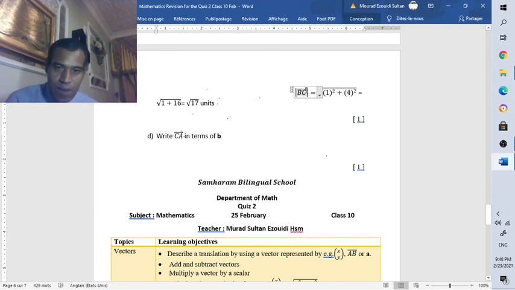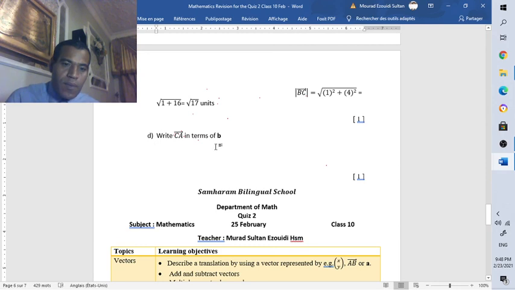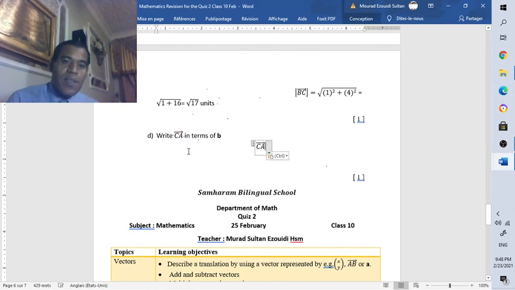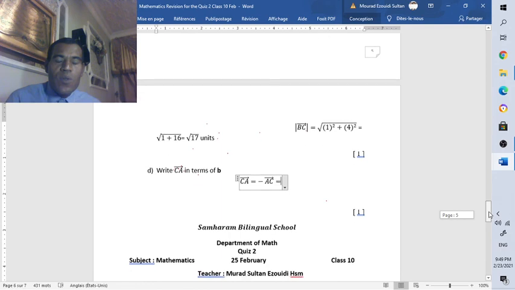Okay, now I need the column vector. So the answer is equal to minus AC, which is equal to minus OB.